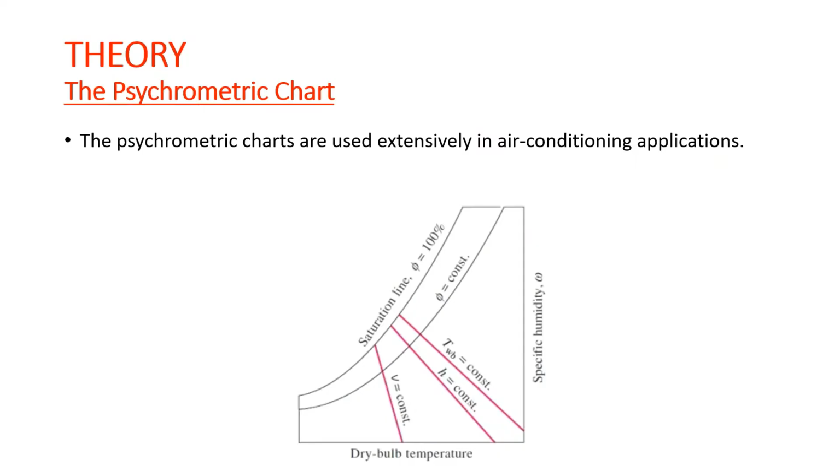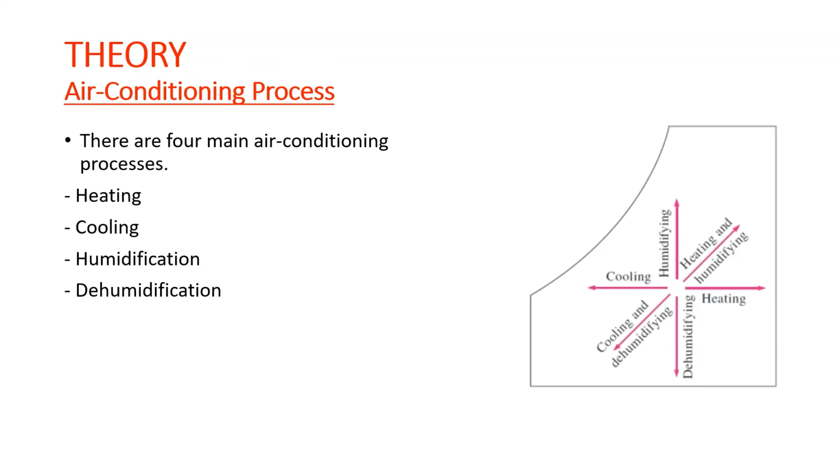This is the psychometric chart. Let's continue. There are four main air conditioning processes: heating, cooling, humidification, dehumidification. Combinations of these four are frequently applied during air conditioning processes. Various air conditioning processes are illustrated on the psychometric chart in this figure.